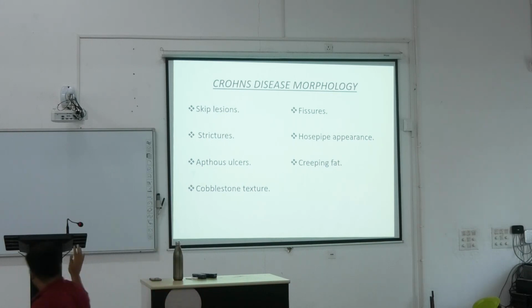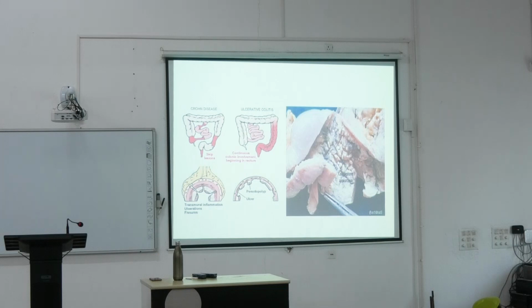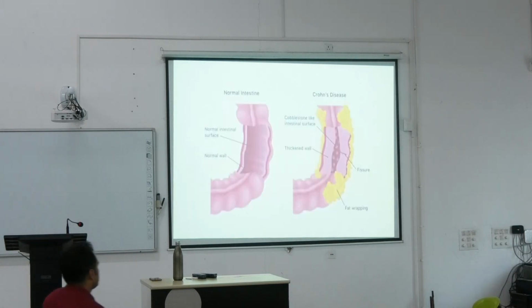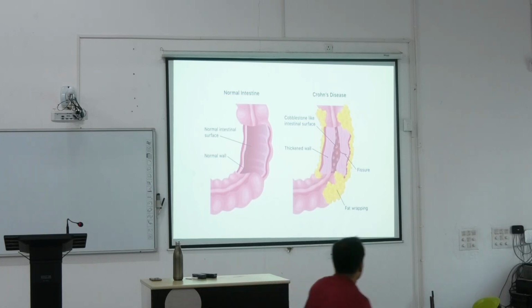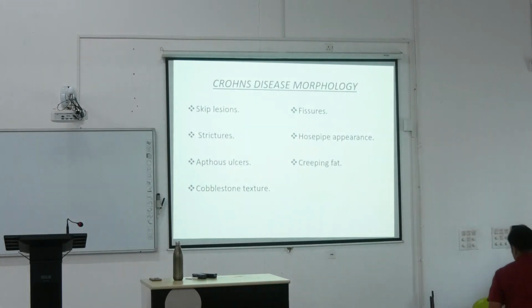Next coming to cobblestone appearance. What is meant by cobblestone? You have all seen a cobblestone, right? What happens in case of a cobblestone? This diagram, even I could not appreciate much, so let me draw this diagram for you.